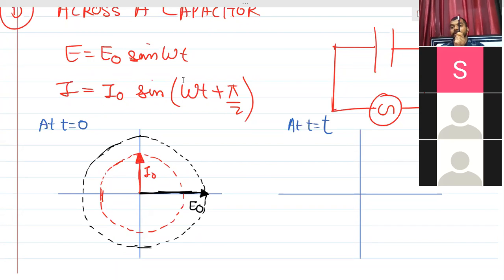So when this rotates, this also rotates by the same angle omega t. So both will rotate together. Can you see this constant phase difference of pi by 2 is always maintained? The current is always leading, right?